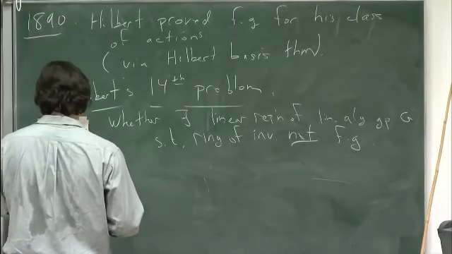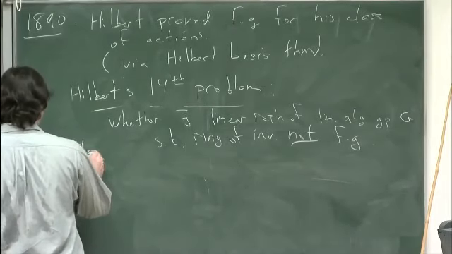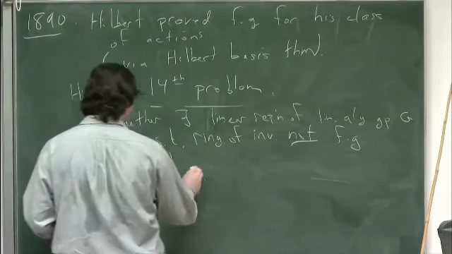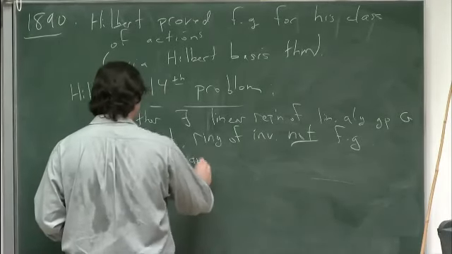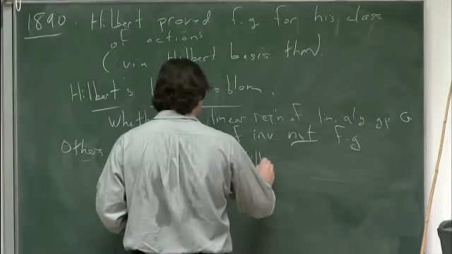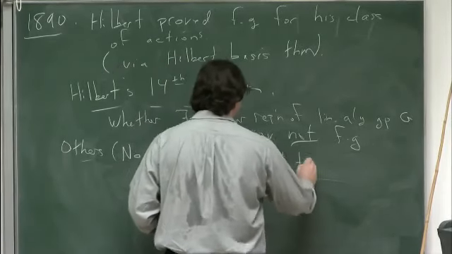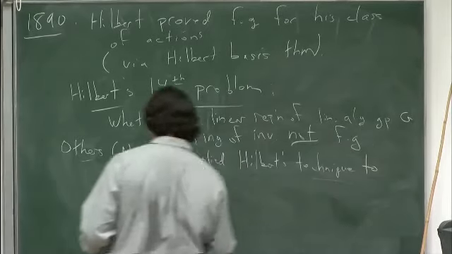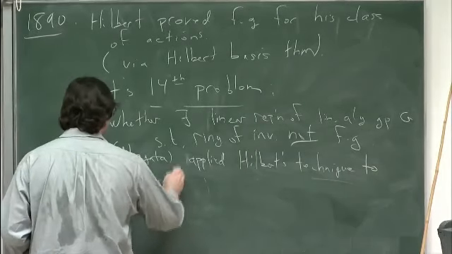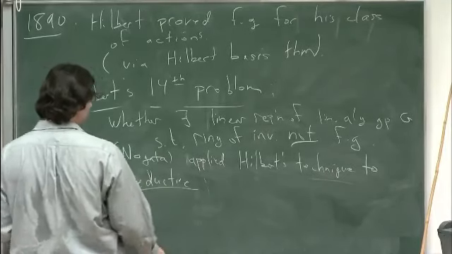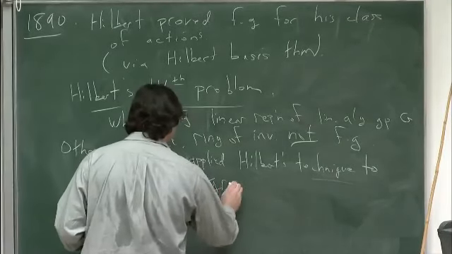But let's continue. Others, in particular Nagata, many decades later, realized that Hilbert's technique applied to a very large class of groups called reductive groups. And showed that you get finite generation for all reductive groups, which is basically just adapting Hilbert. So what's a reductive group?